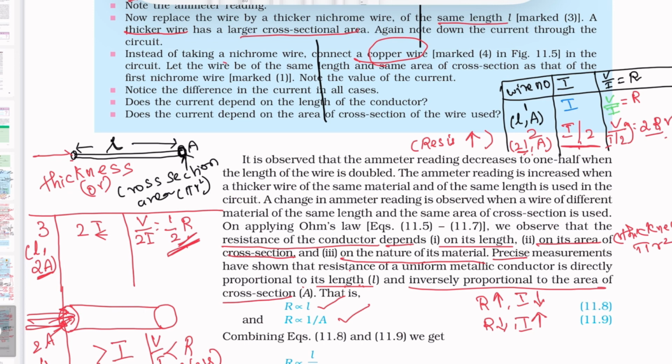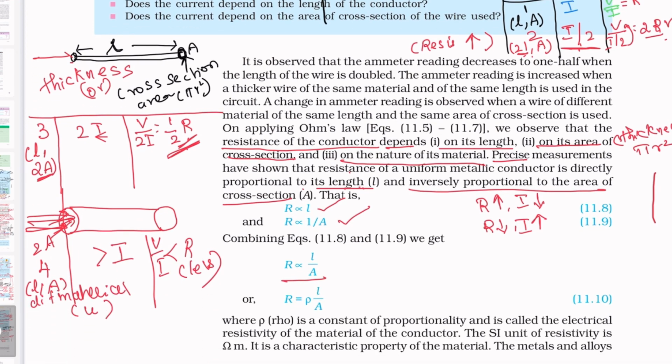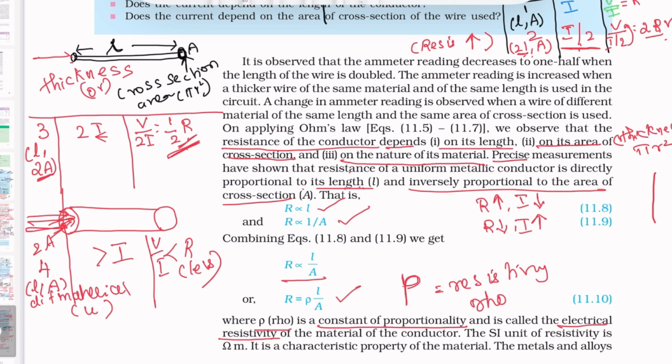So put together, I come out with the formula R is proportional to L by A. As I said, to make the proportionality sign equal to, I add a constant called rho, which is called the constant of proportionality, and it is also called the electrical resistivity. So there is a formula for resistance now. It is R equals rho into L by A.